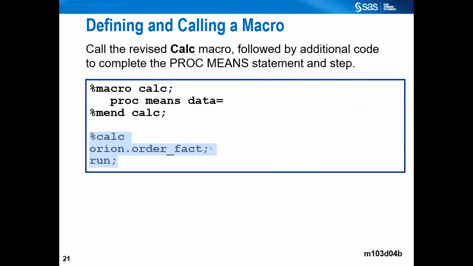So it's a flexible way of calling. When you're calling this, you're simply passing the data set name and completing the step by writing run. So you call percent calc. In the backend it's saved as a macro with the program proc means data equal to. While you call, you complete the statement by giving the input dataset name, and it's the end of your step.